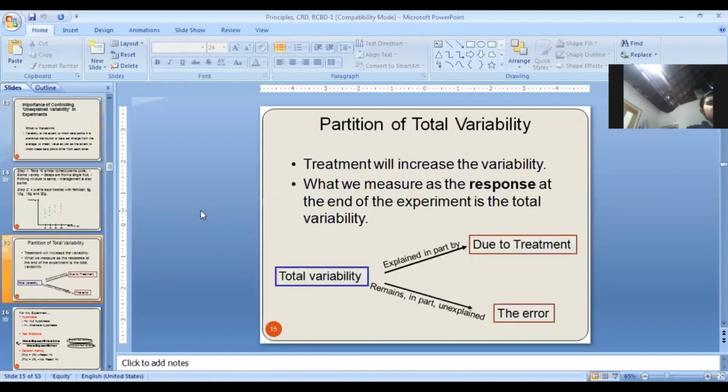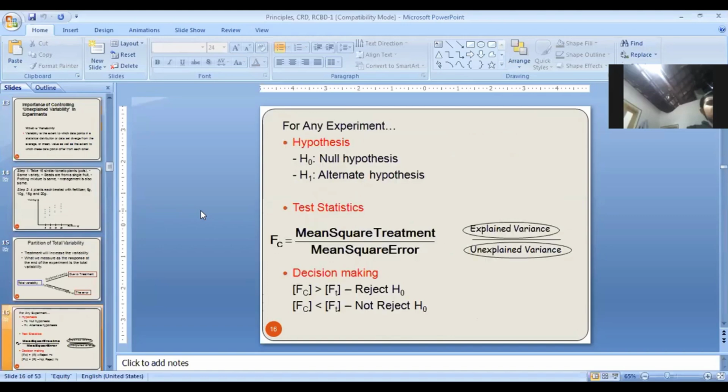Then we talked about how this variability can be partitioned. So some of the variables can group into explainable variability, and the rest, portion of the variable, can be partitioned into unexplained variable. So explained and unexplained. Why this is important is that when you do the experiment, we have test statistics.